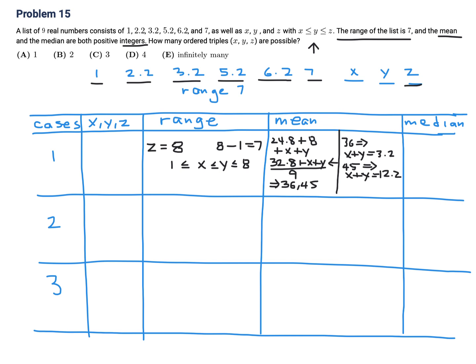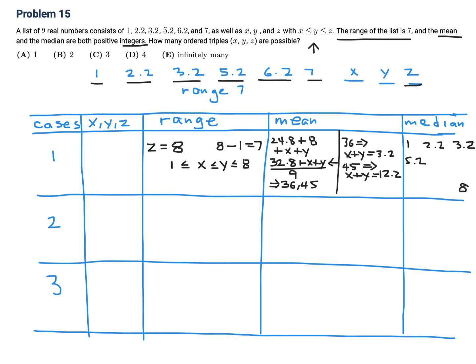So therefore, now we have to figure out the median. We got to make sure that the median is an integer also. So we got 1, 2.2, 3.2, 5.2. Now we got 8 out here.